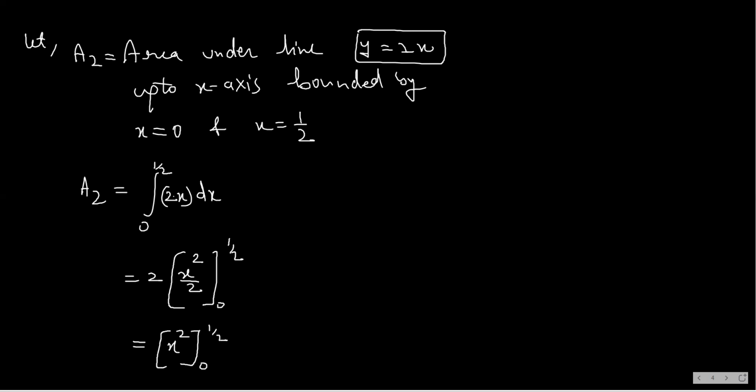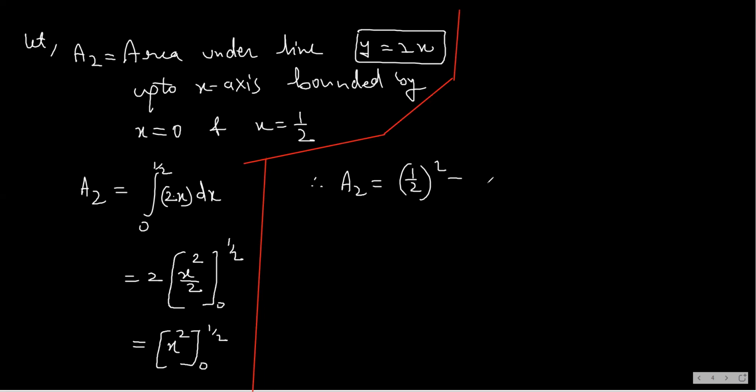So what is A2 equal to? Therefore A2 equals half square minus 0 square. Wherever x, write half, then 0. So half square is 1 by 4 minus 0. A2 is 1 by 4 square units.